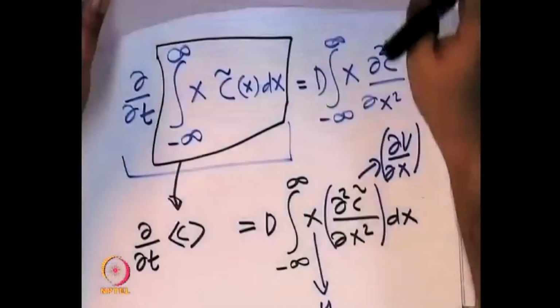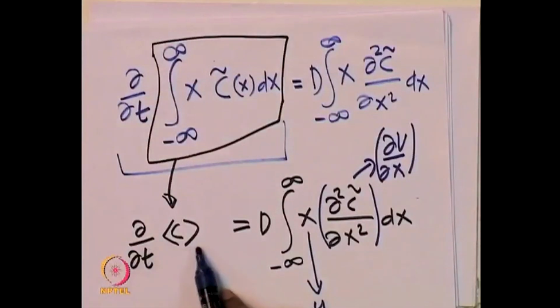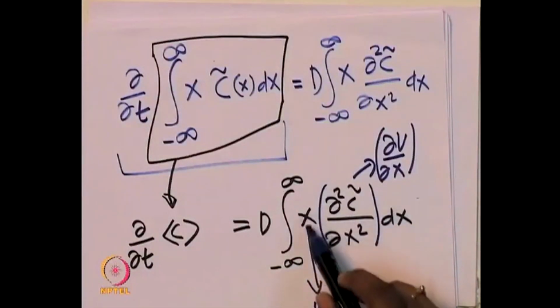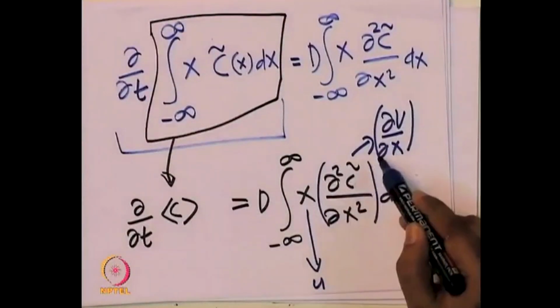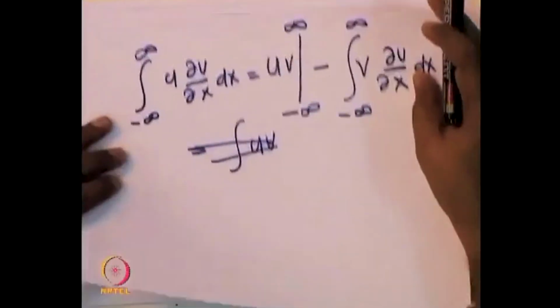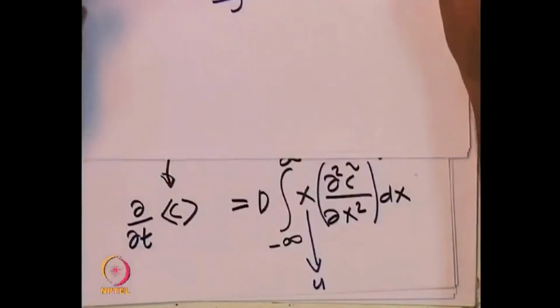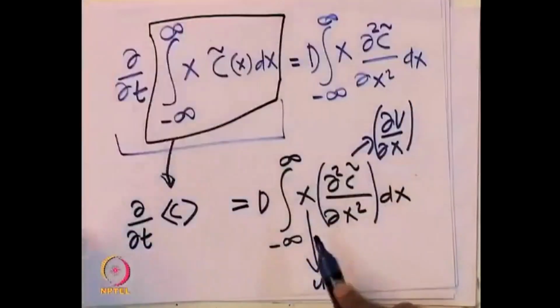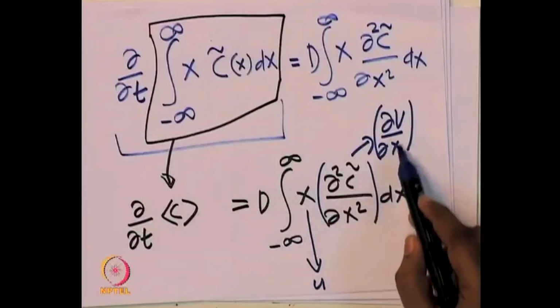Have a look here. We said that del by del t of x average equals D times this, and we call x as u and del square c by del x square as del v by del x.